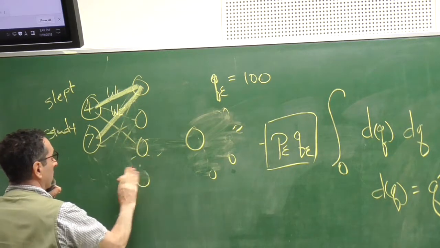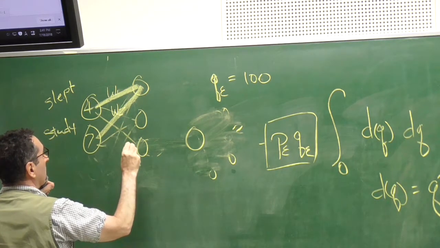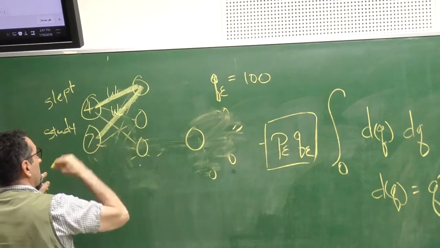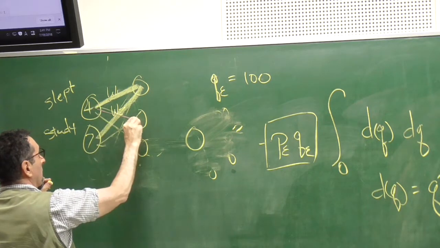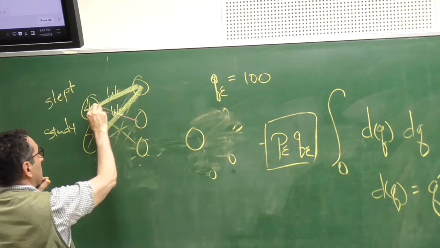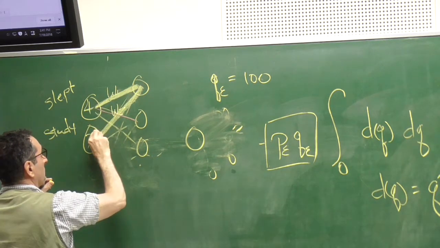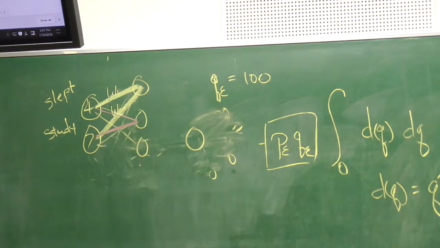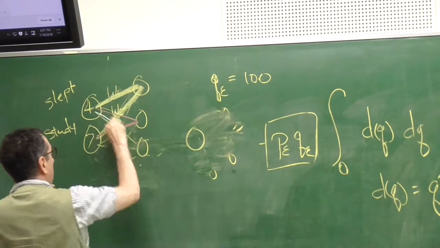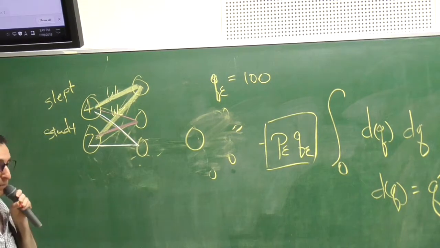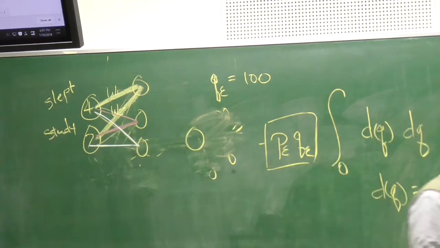Oh, I left out something. What did I do wrong? This one and this one go to here and here. This one and this one go here and here. Okay? And then I need another color. White. So that and that. Is that too messy? It's kind of messy, right? Should I clean it up? Draw it again.